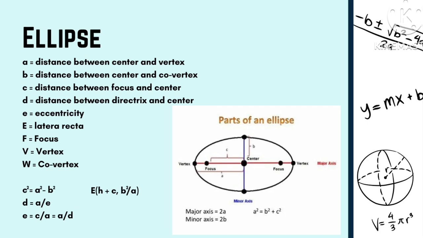For our d, we have a over e. For our e, it's either c over a or a over d. For our latera recta, we have h plus c and b squared over a. This can also vary since we have 4 latera recta points.